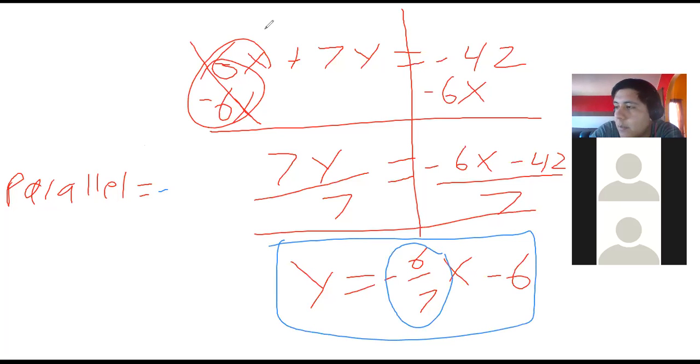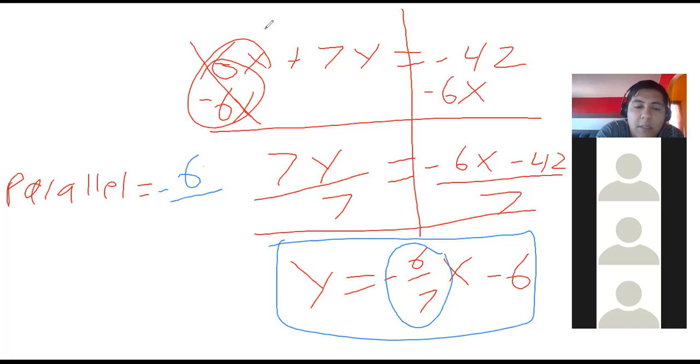So what kind of slope does a parallel line need to have? They need to be going in the same direction. So it needs to be the same, -6/7. So to have a parallel line, it needs to be the same.